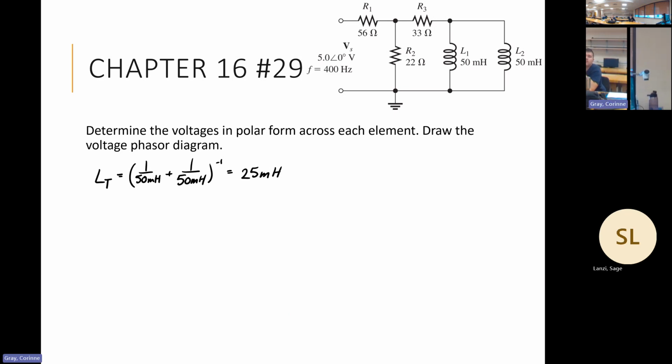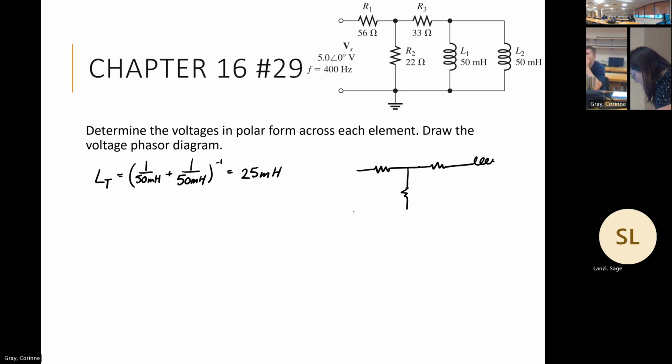I will then redraw the circuit just to make sure we understand what's going on, in varying levels of good art. So this is now what we have.